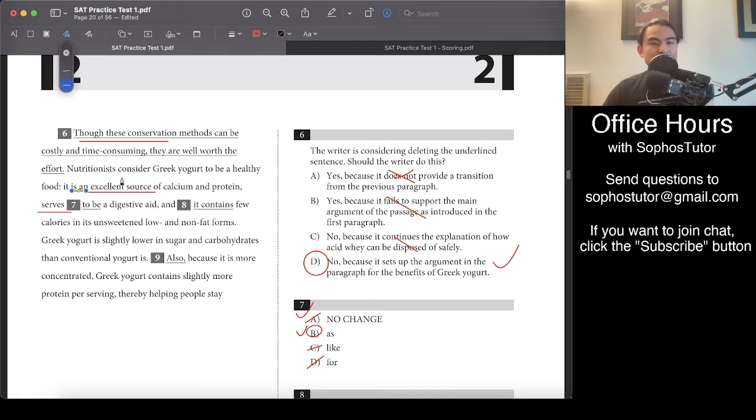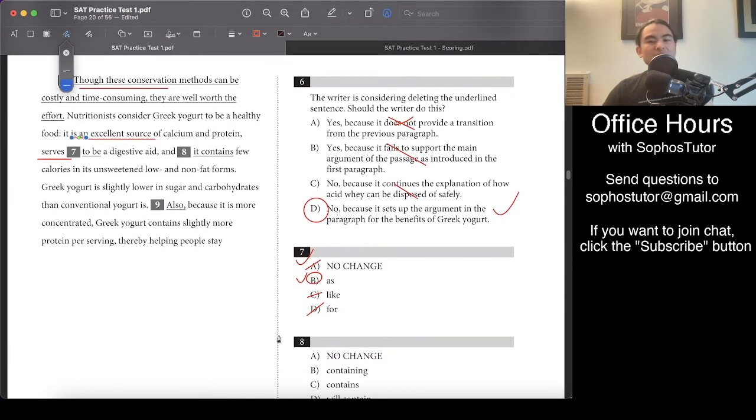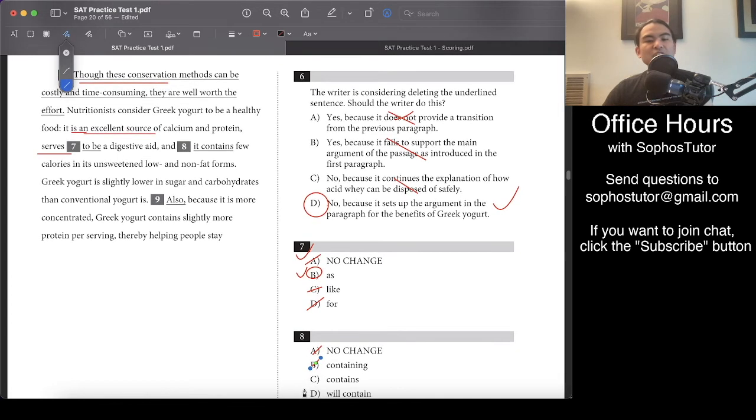"It is an excellent source of calcium and protein, it serves to be a digestive aid, and it..." I want to go straight to the verb here. I already know that 8A does not work. "It containing," no. "It contains" feels good. I think enough to circle it.